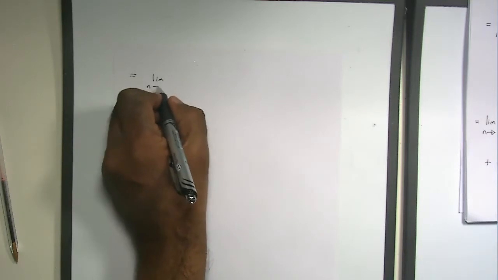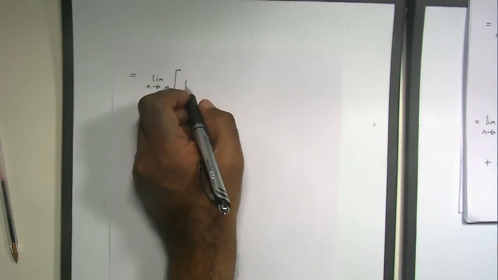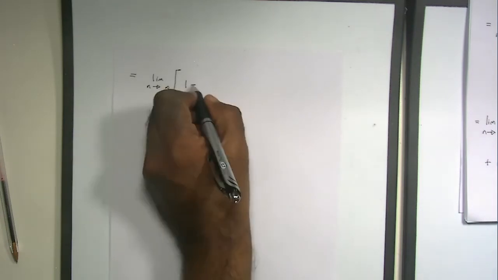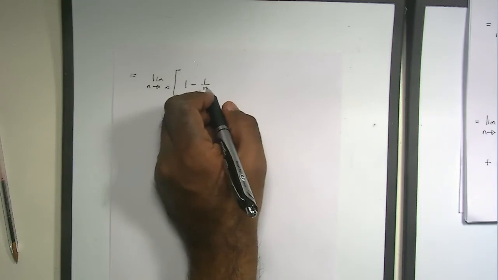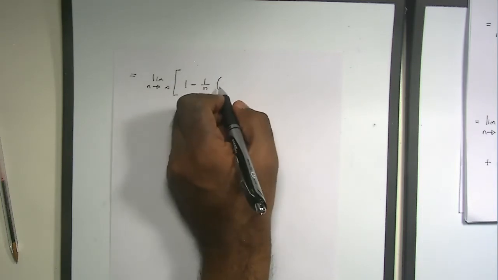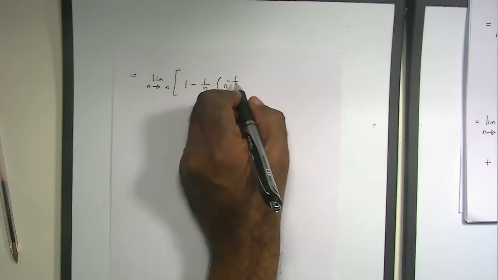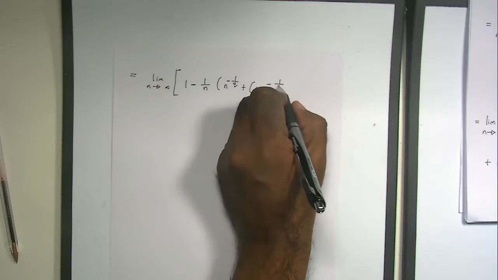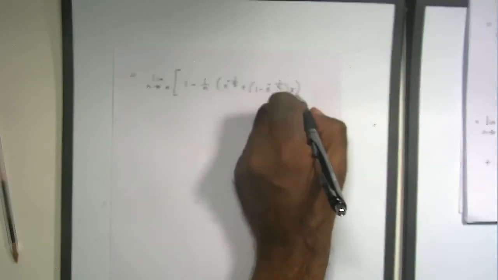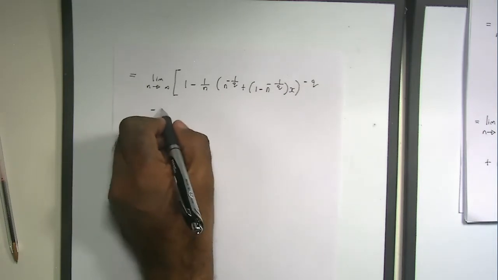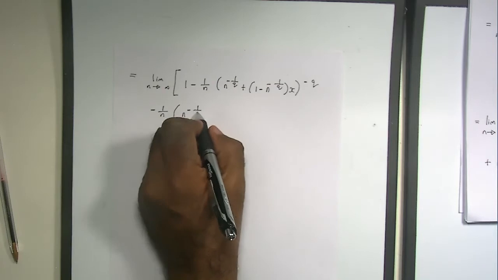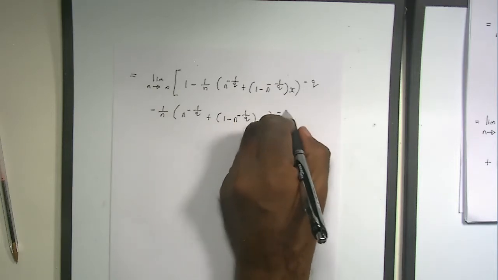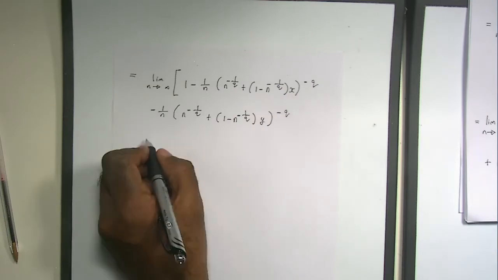So the limit as n goes to infinity of 1 minus 1 over n times, this is what you get, and then the next term will be 1 over n times, and the next term is going to be plus 1 over n.